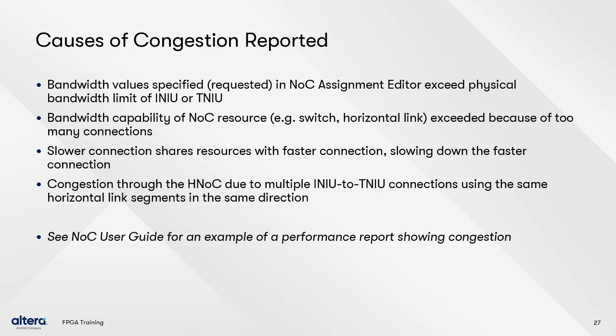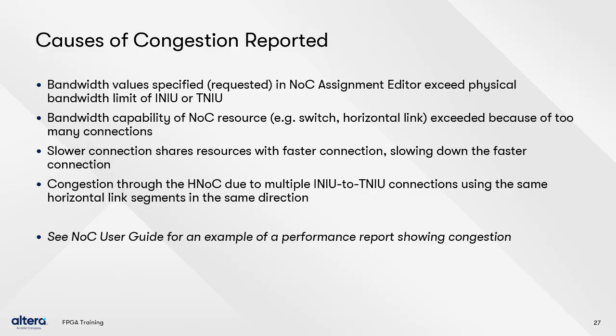Here is a list of the common causes of congestion reported in the tool. If the values specified in the NoC assignment editor exceed the physical limits of what is achievable for an initiator or a target, the connection will not be able to meet that requirement. Other causes of congestion include exceeding the bandwidth capability of the switches and horizontal links through the NoC, slower connections sharing resources with faster connections, and too many active horizontal link connections in the same direction, requiring arbitration and delays in data transfer.